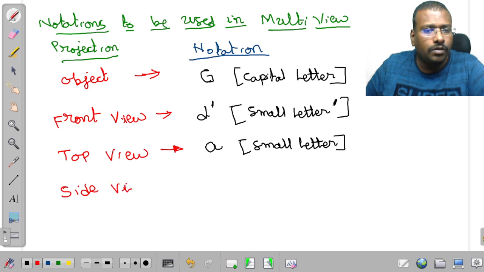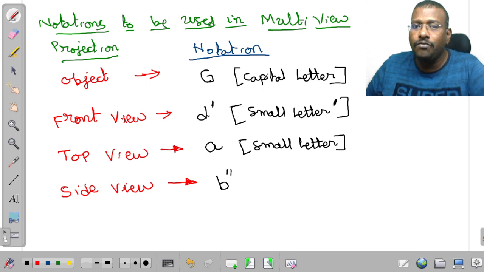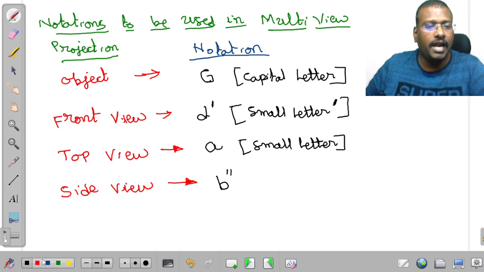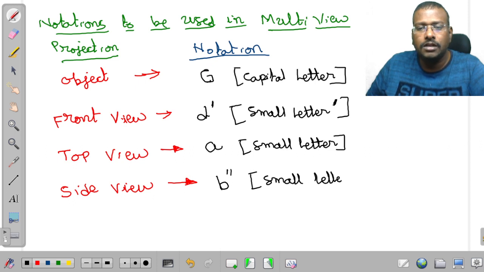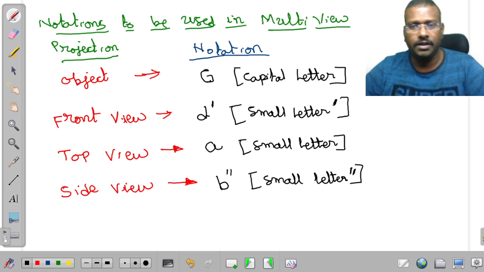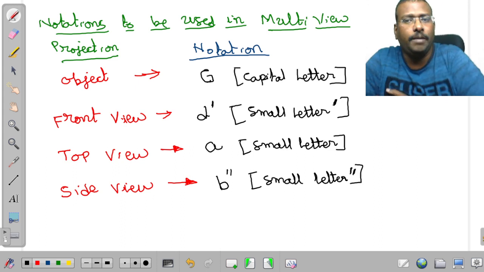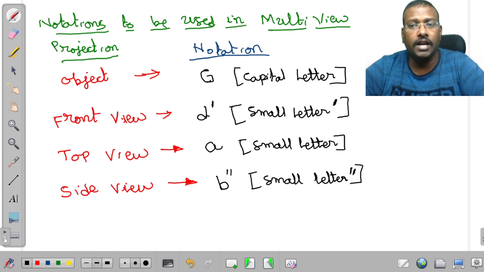Side view is going to be represented with a small letter with double prime. For example, if I write like this, what is this? It is the side view of point B. So side view is represented as a small letter with double prime, double dash. This is also an important notation we have to use for representation.